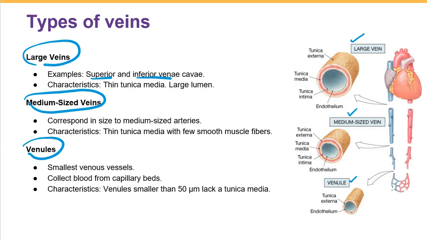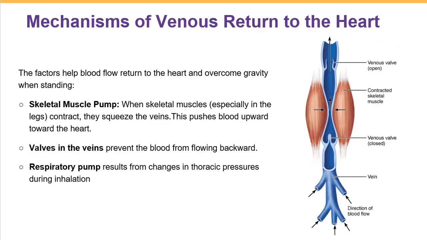If you compare the structure of their walls, you will see that they have a thin tunica media, a large lumen, and a thicker tunica externa. Also do not forget that large veins have valves as well.